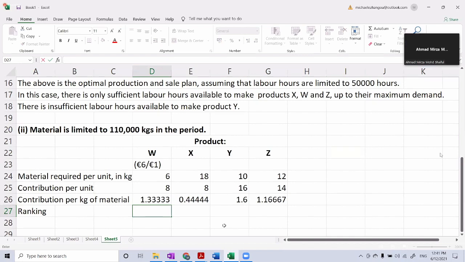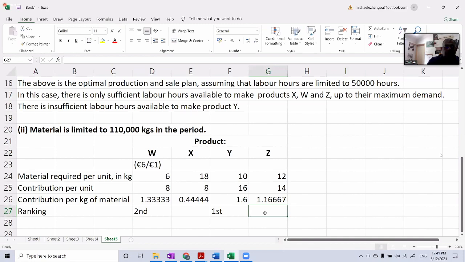Is it Y? Y, you're right. First is Y. That is second. That is third. That is X is last. Fourth. Okay. 1.6, yes, Y, W, Z, and then X.